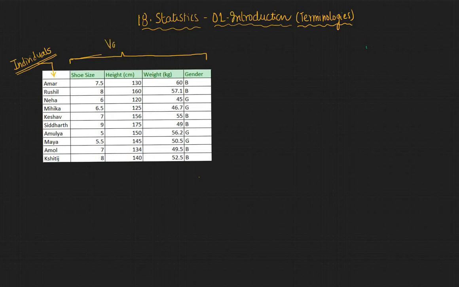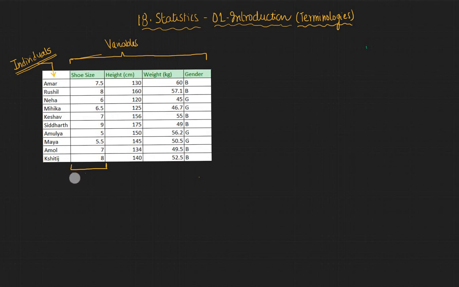These are variables. And if you see these variables, we have three different kinds of variables here. This is called continuous variable. Oh, sorry, these are discrete variables.